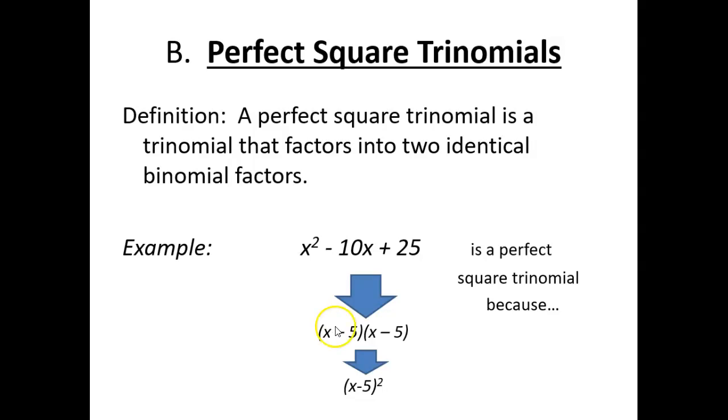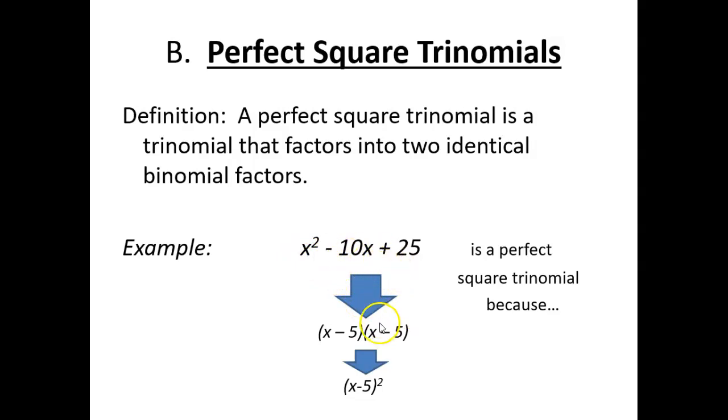We're going to start by talking about these things called perfect square trinomials. So what is a perfect square trinomial? Well, a trinomial is a polynomial that has three terms like this, and it's quadratic, so it has a second degree power there. You might notice it's a standard form quadratic. But here's what's interesting about it. When you factor this, which is something that maybe you guys don't remember how to do, but that's okay for now, we don't really need to know how to do that today.